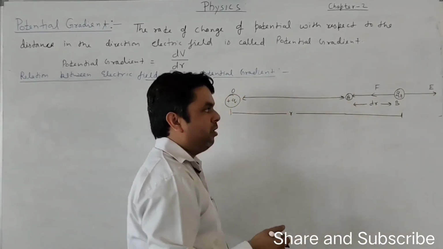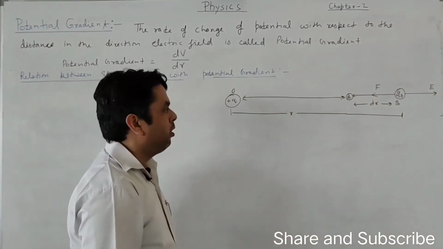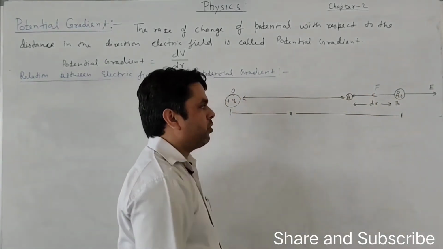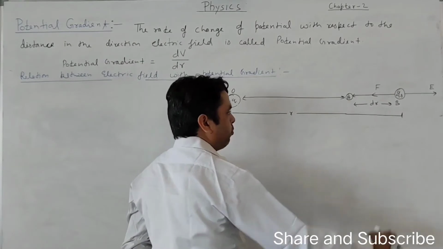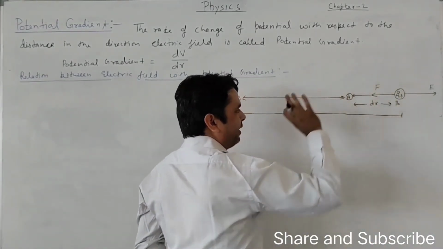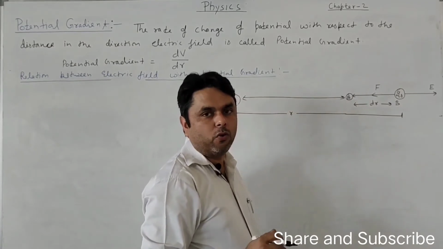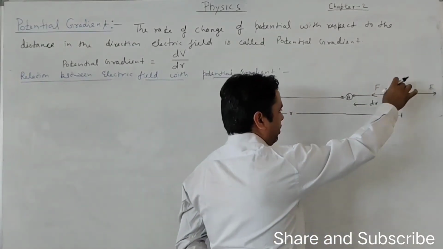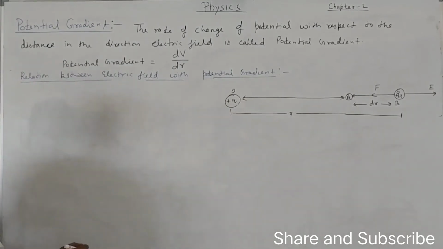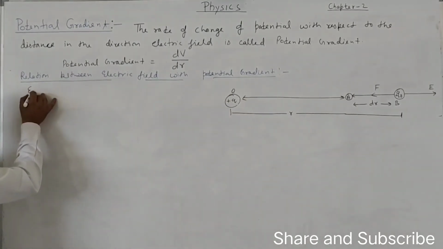That electric field will oppose the motion of the charge which is coming towards the origin charge. But due to the applied external force, there is a displacement, and that displacement is stored in terms of work done.